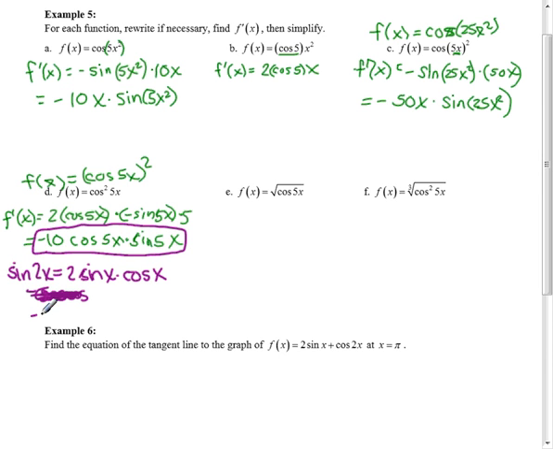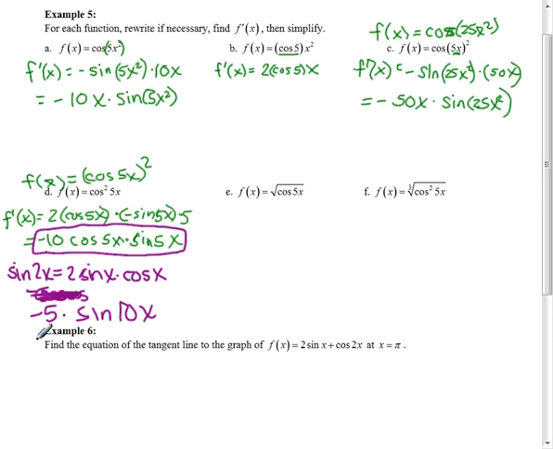You might also see it in this form, negative 5 times the sine of 10x. If you use this identity, instead of writing sine of 10x, we could break it down as 2 times sine of 5x times cosine of 5x, half of that angle. That's why this is called the double angle identity. If you have any questions on that, I could go over it in class.